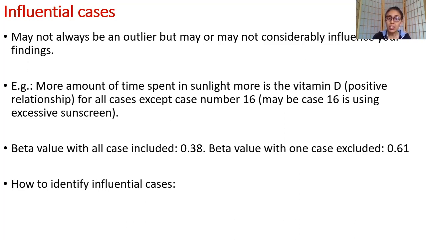It helps you to identify whether these cases should be included in the analysis, excluded from the analysis, or require further investigation and discussion in the discussion section. Because you cannot generalize what you saw for participant number 16, this one individual, to the rest of your population, 1999 people.